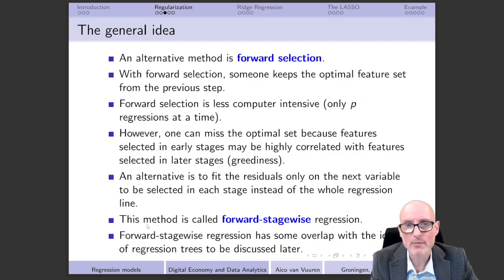Well, this method actually has another name, and it's called forward stagewise regression. Even though we're not going to use forward stagewise regression a lot, we should realize that it has some overlap with the idea of regression trees that we are going to discuss later during this lecture series.